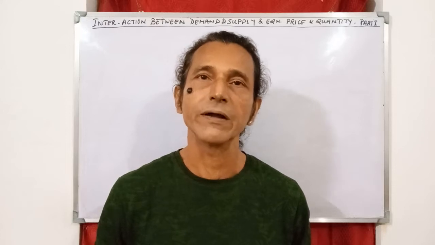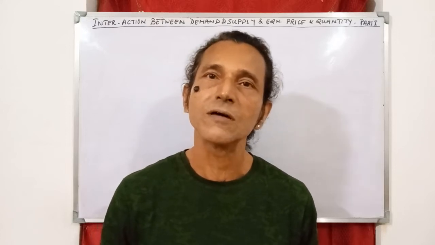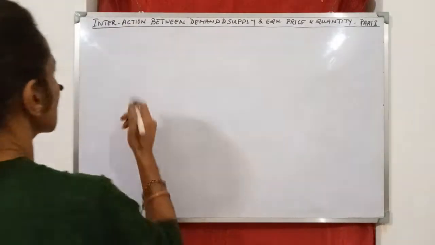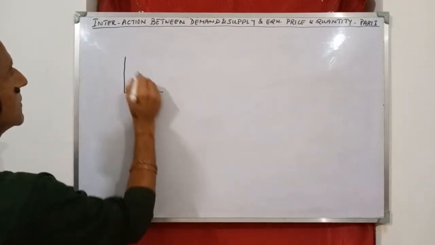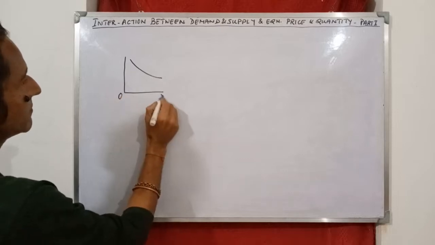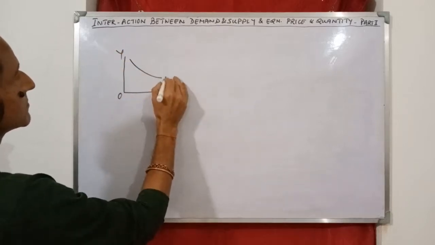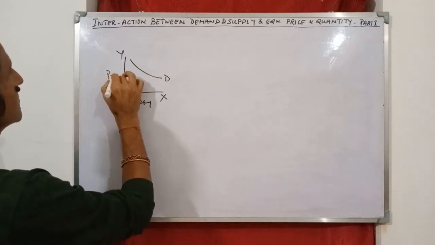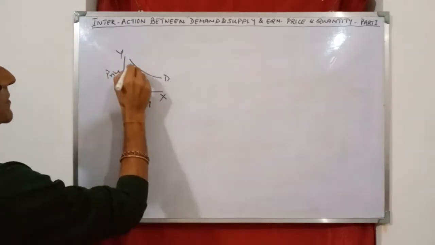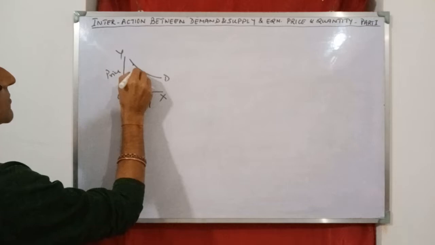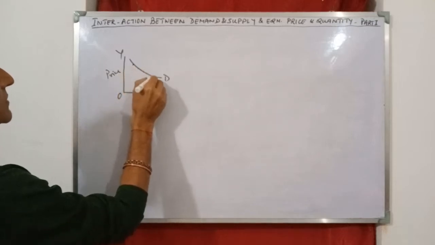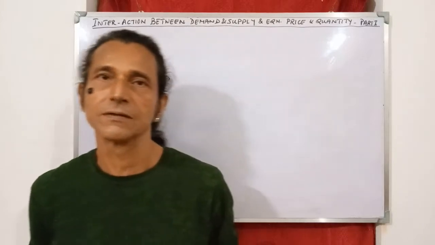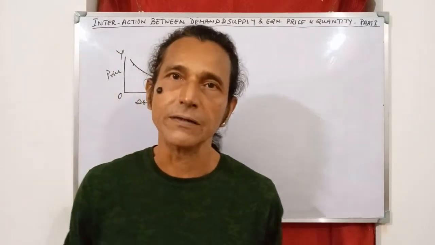When we talk about demand, we talk about all the points on the demand curve. That means, if this is the demand curve, quantity and price, then all the points on the demand curve are enveloped in the term demand.